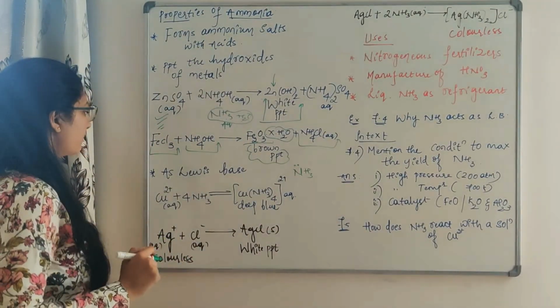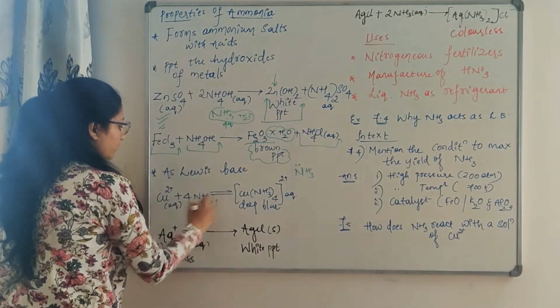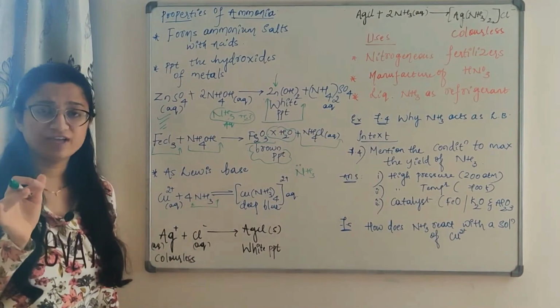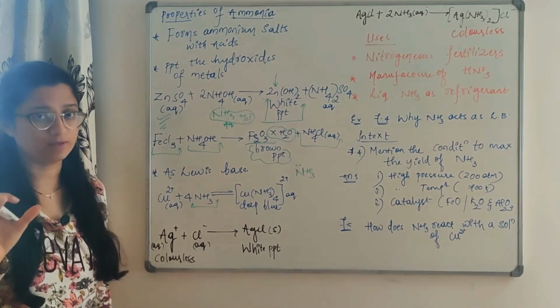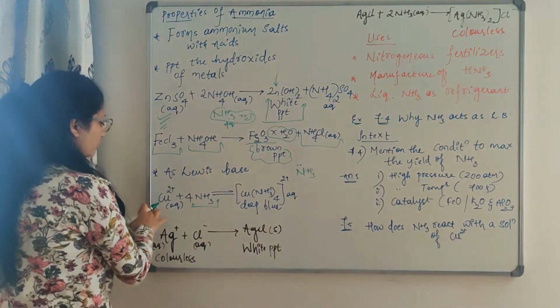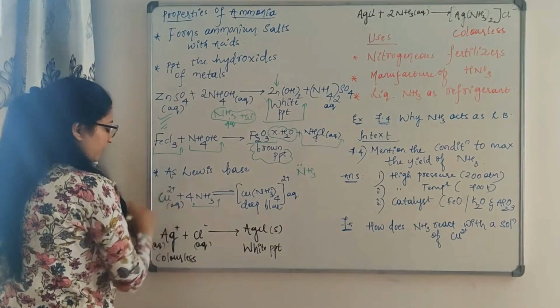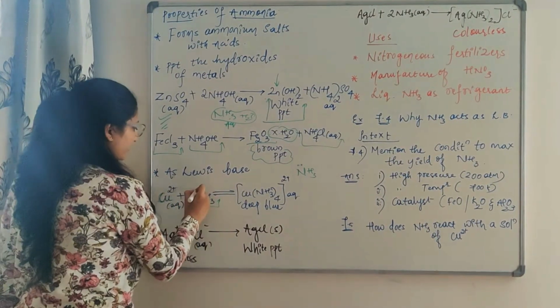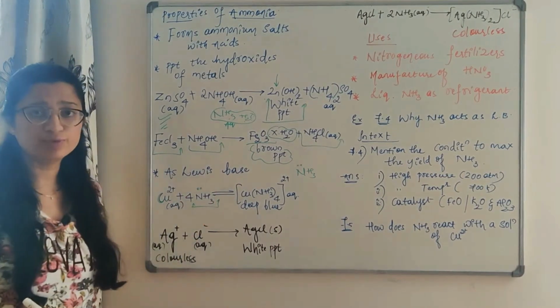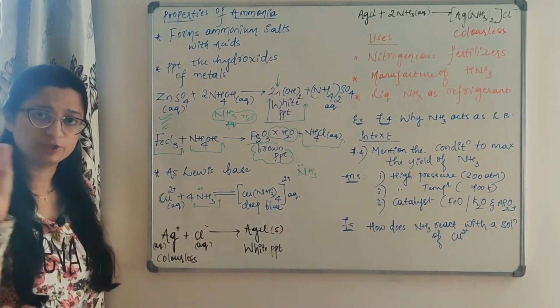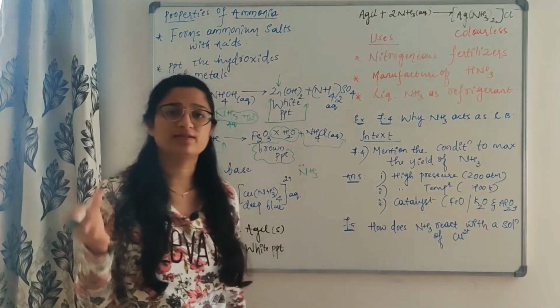You can see here, when we react ammonia, that is NH3, with copper ions, Cu2+, which I have taken in the aqueous form. As I have told you, it has a lone pair of electrons for donation, so it is acting as a Lewis base.